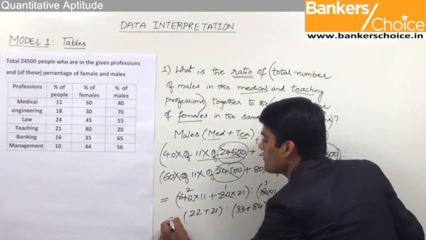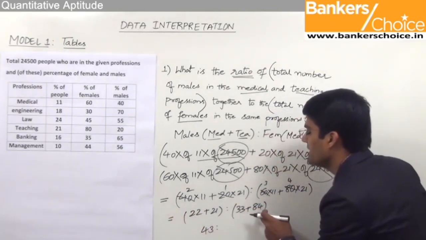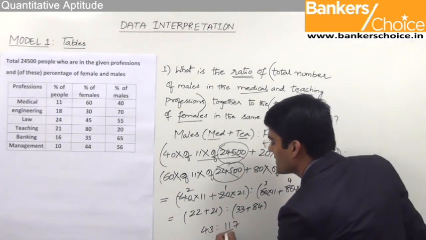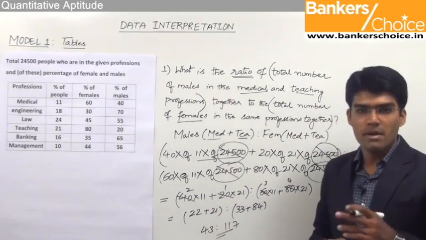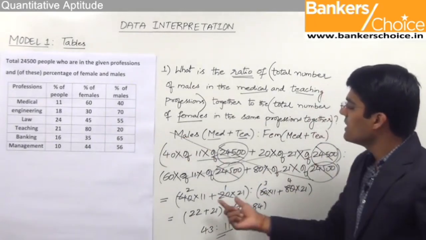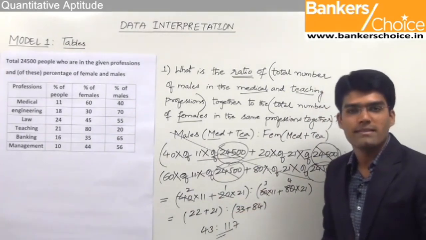So 22 plus 21 will be equal to 43 is to 33 plus 84 will be 117. So we can say that the answer for this question is 43 is to 117. Remember, you do not write this step in the exam. Directly you should be able to take this in the simplification and simplify that to get the required answer.